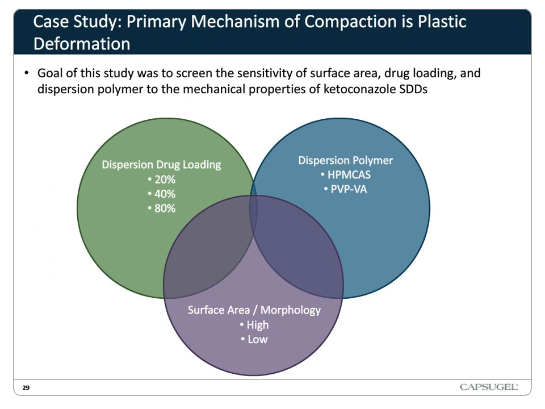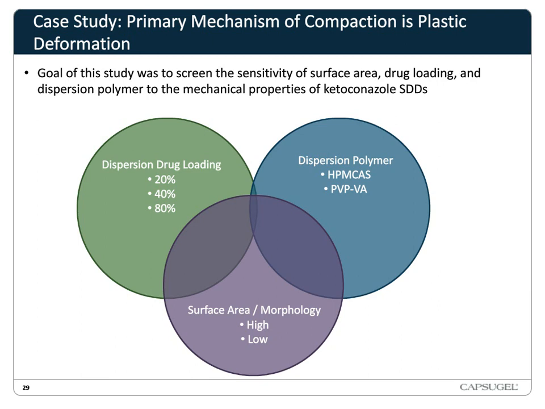Okay, so in our second case study, we're looking at an SDD whose primary mechanism of compaction is plastic deformation. The goal of this study was to screen the sensitivity of the mechanical properties of ketoconazole SDD to surface area, drug loading, and dispersion polymer.